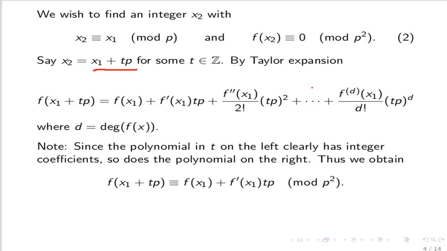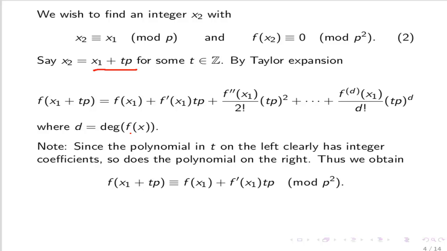And then in general you'll have terms where you take the kth derivative evaluated at x1 and divide by k factorial, and you go all the way down and stop when you get the dth derivative of x1 over d factorial times tp to the d power, where d is the degree of the polynomial.